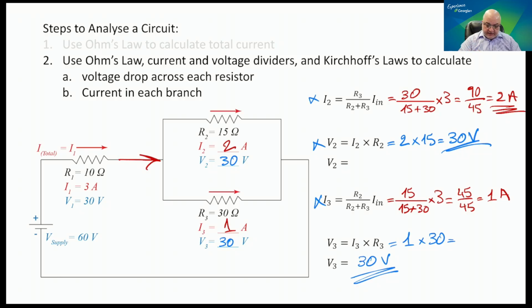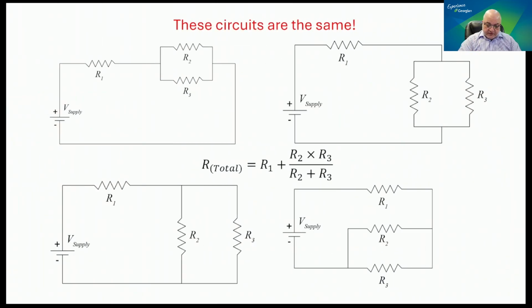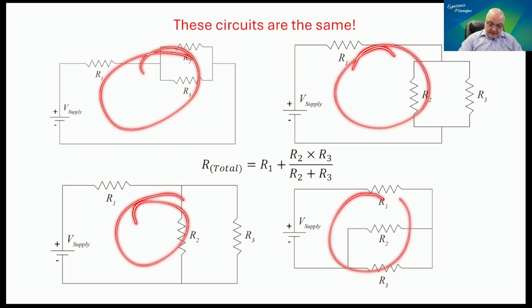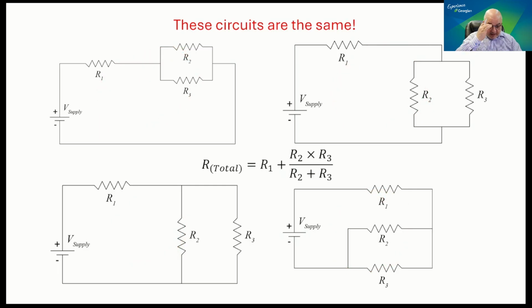One more note for you guys: when you look at diagrams, you have to also remember that even though these four diagrams have different shapes and look different, they are the same electrical diagram. For the purposes of calculating the currents and the voltages and everything, they are identical diagrams.